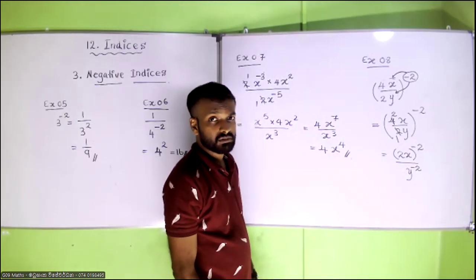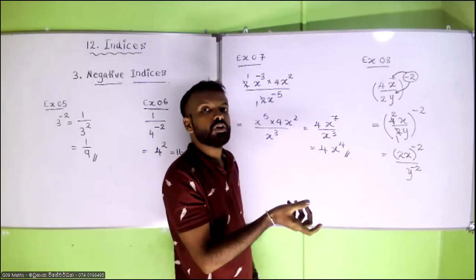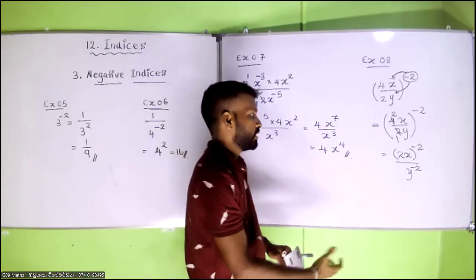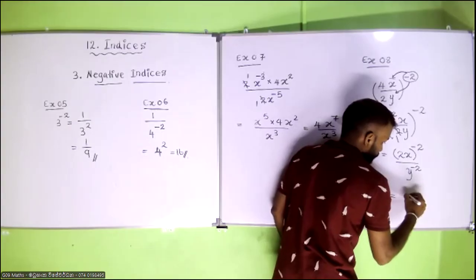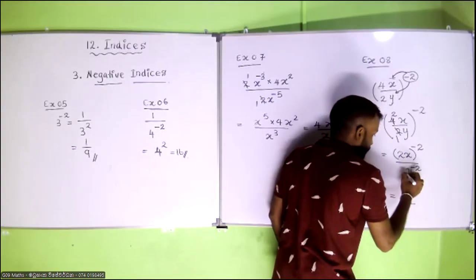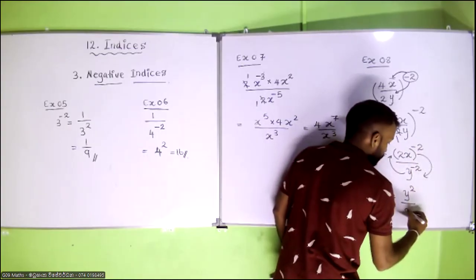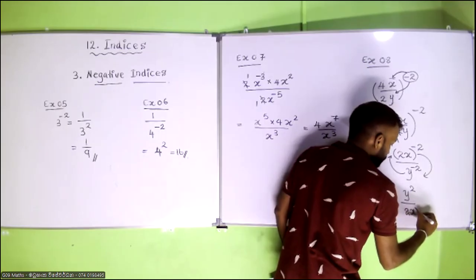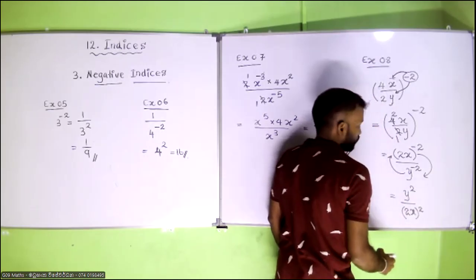What is that? Reciprocal. So that minus 2 will become positive 2. Reciprocal. Y to the power 2 comes to the numerator. This goes to the denominator. 2x whole thing to the power 2.